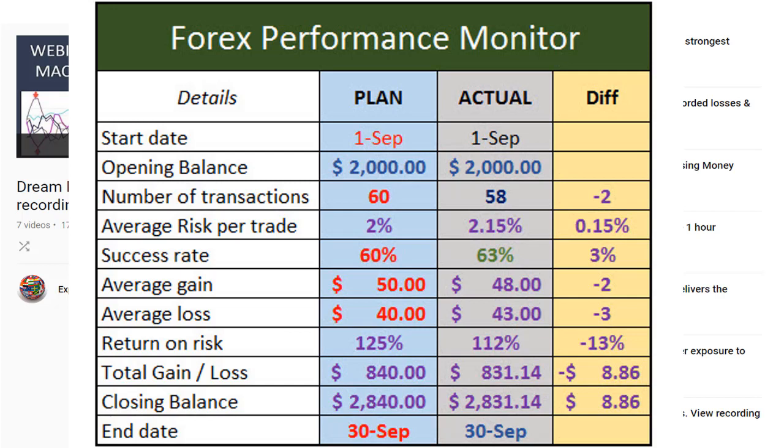Monitor those, record them, and then use that information to plan your next month's trading. That's the only way that you can implement a continuous improvement process where you let the market teach you how it wants to be traded.